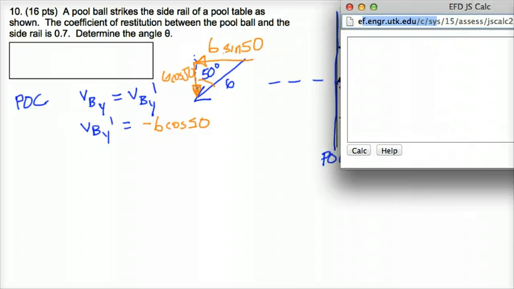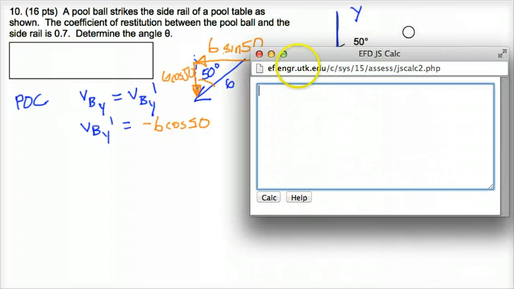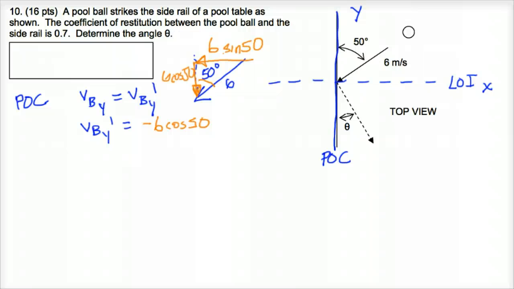If I calculate that, the y component is going to be minus 6 times cosine 50. Halfway done, minus 3.857.